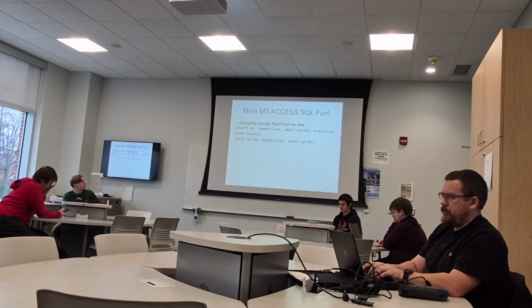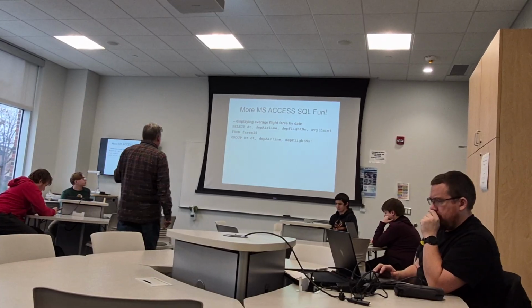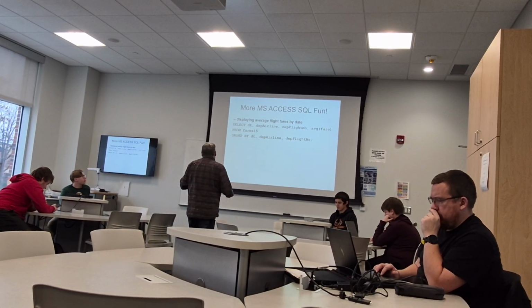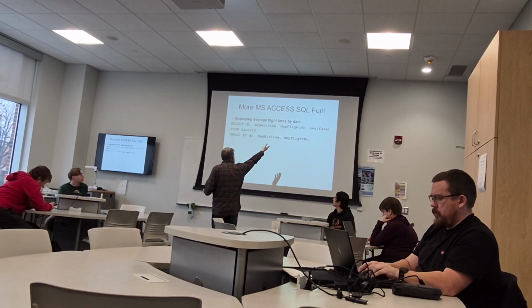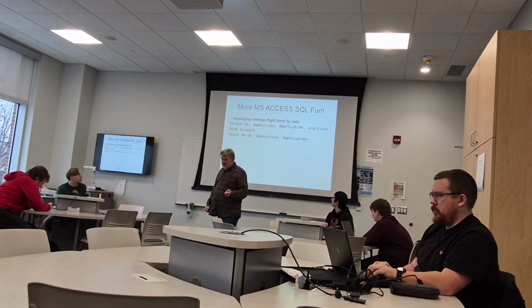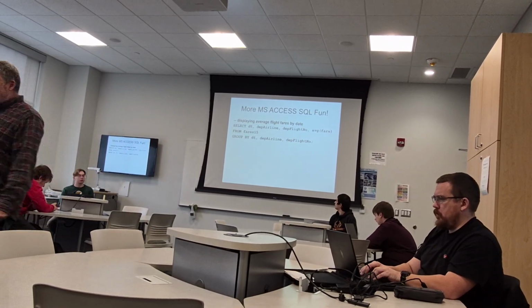Does that make sense? So that's one thing that I introduced in class last time, there exists this group by thing that groups stuff together, and that's how we typically use aggregate functions. I guess that's why I talked about aggregate functions just before talking about group by.